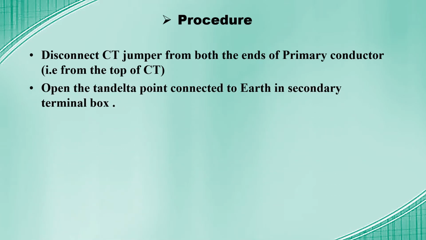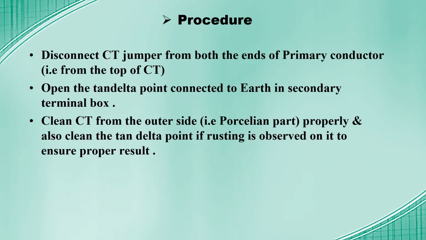The second step is to open the secondary terminal box and open the tan delta point which was grounded. The next is to clean the CT from the outside, that is, the porcelain part of the CT should be properly cleaned.